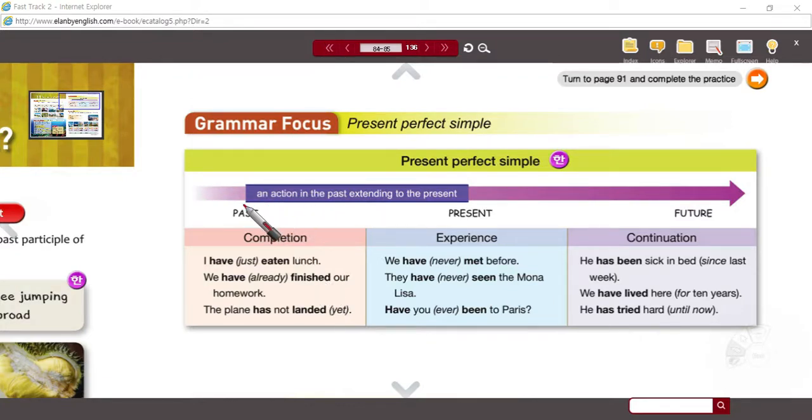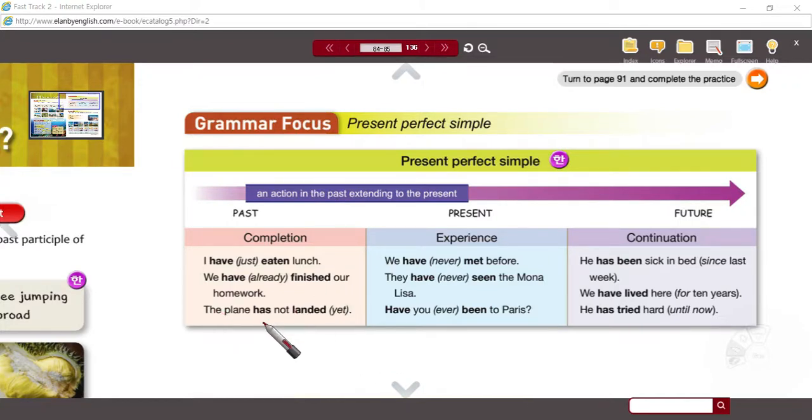So if you finished your homework 2 hours ago, okay, you were finished 2 hours ago. An hour ago, you were still finished it. Okay? You were not given any more new homework. Okay, so this whole time since the finishing of the homework, your homework has been finished. You have finished your homework. It is finished, if I can describe it.